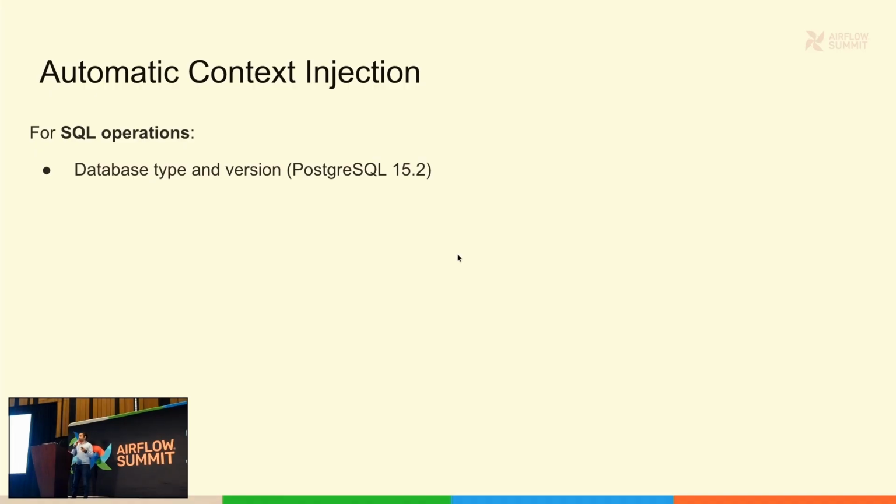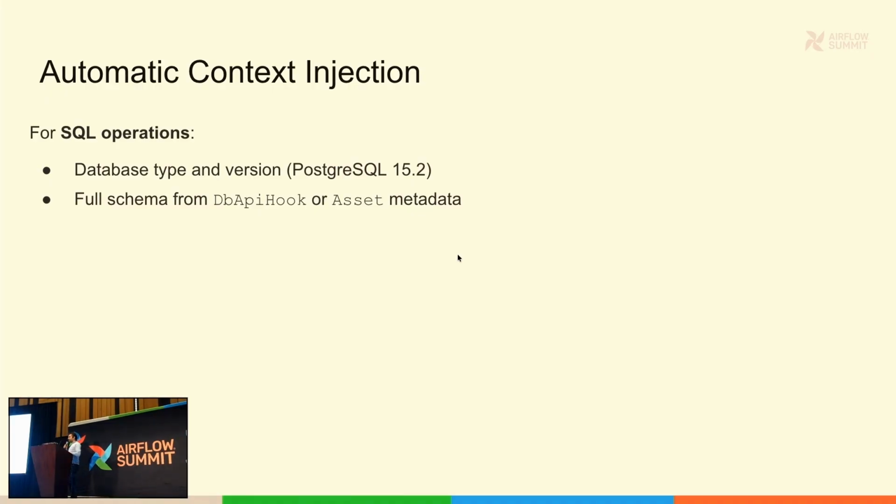For example, it might be using Postgres 15.2. It extracts all the schema using the Airflow internals. We have something called the DB API hook, which is a common interface to interact with any database type, if you have specified it in the connection, or take it from assets.